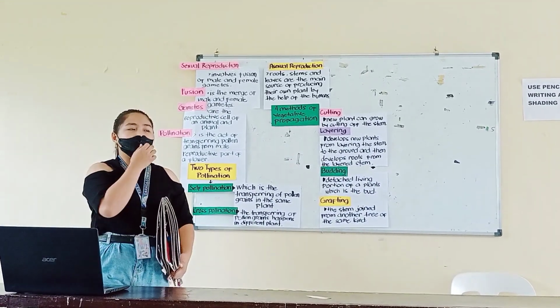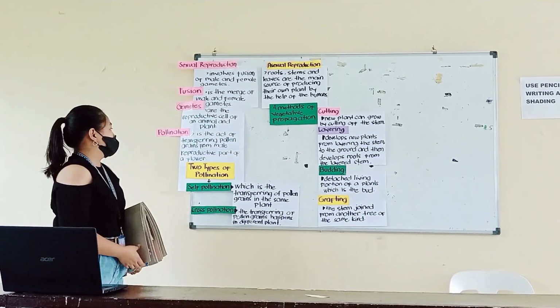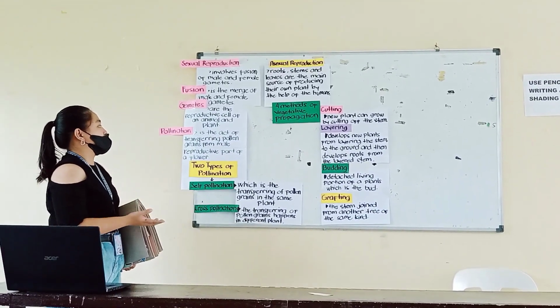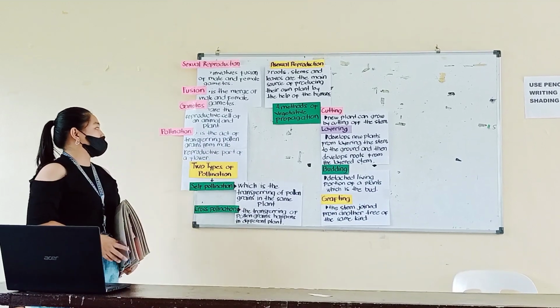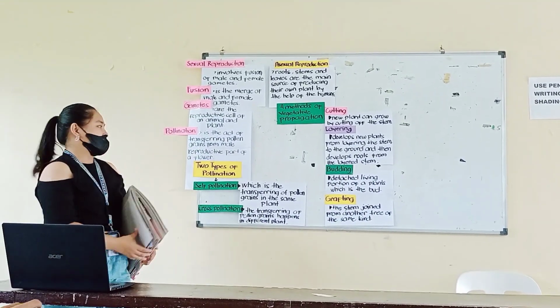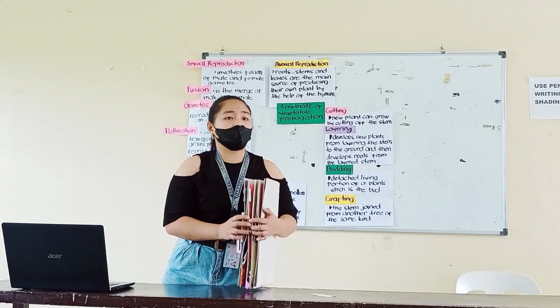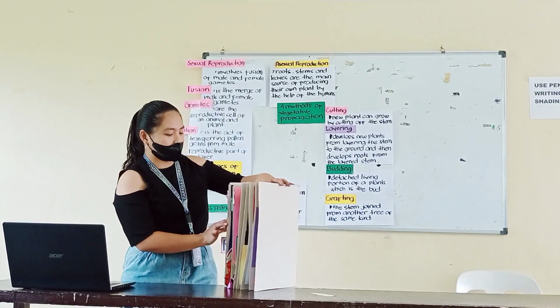So how does pollination take place? Pollination is the act of transferring pollen grains from the male reproductive part of the flower. This is how pollination takes place.